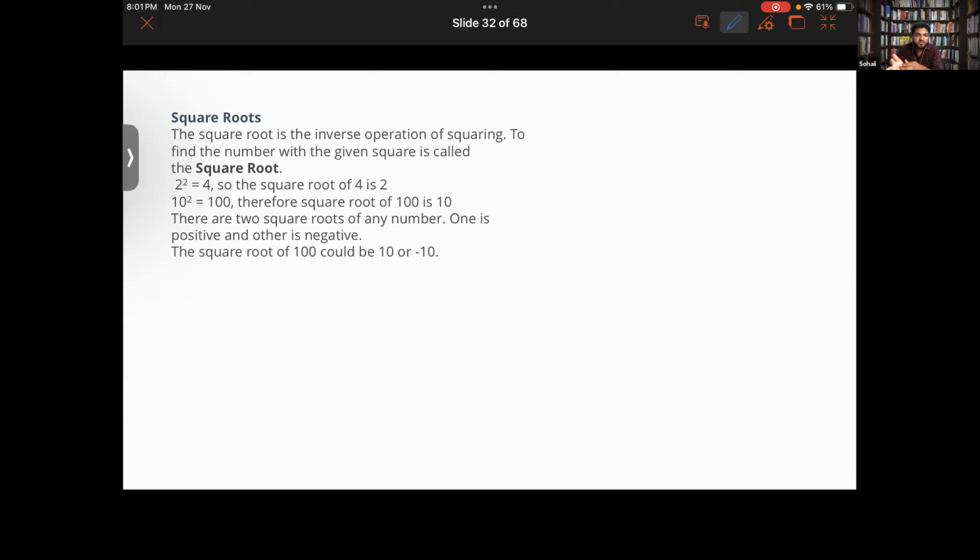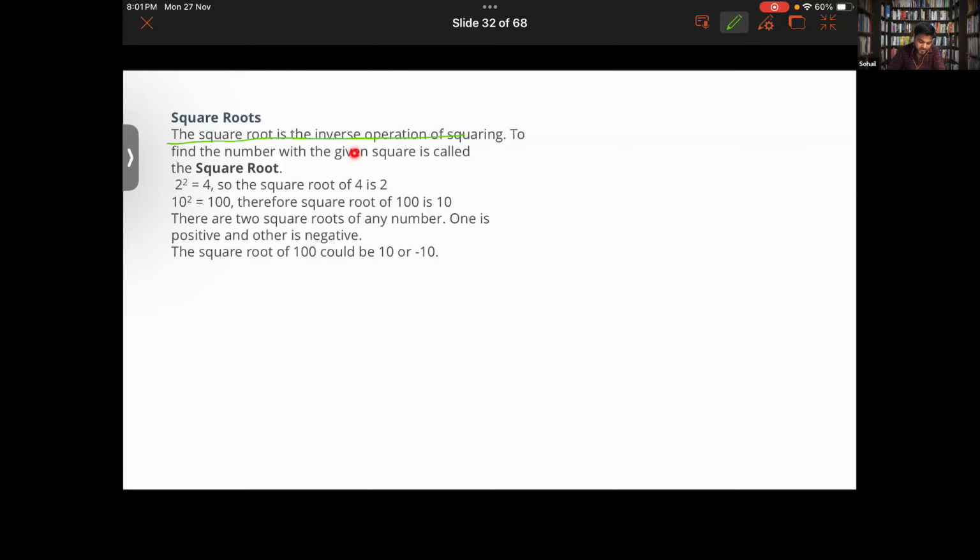Finding a square means what? Simply 9 times 9, that is 81. Yes, sir. Now when you do the inverse operation of finding the square of a number, you get the original number back. So this operation is called the square root basically. Yes, sir. So the square root is the inverse operation of squaring. Okay.